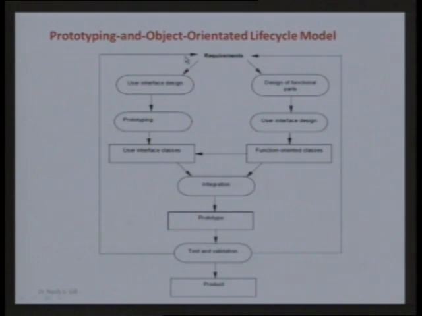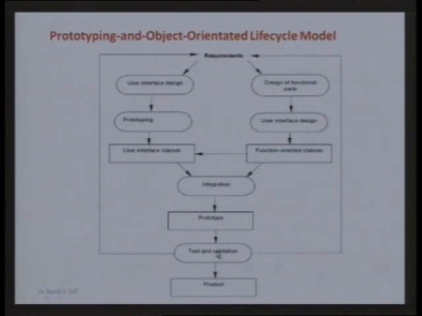Look at the initial requirements, and the initial user interface design. Here is the prototyping, here are the user interface classes, and on this side with the requirements, it is the design of functional parts. Here is the user interface, and here are the function oriented classes, and both of these are integrated, and then we move on to the prototype, and then to our test and implementation.